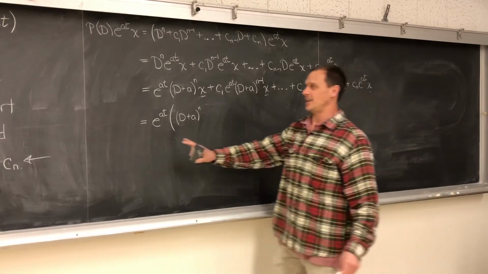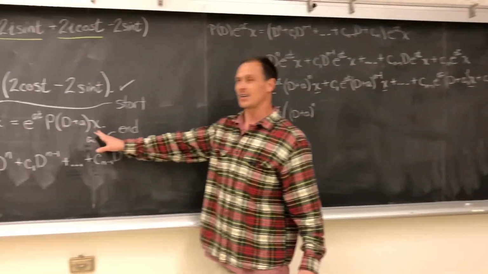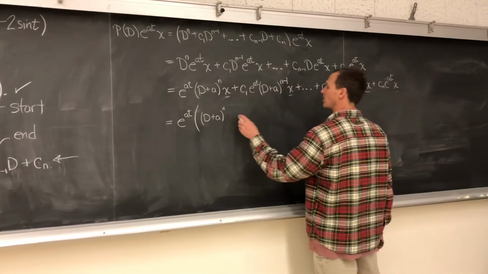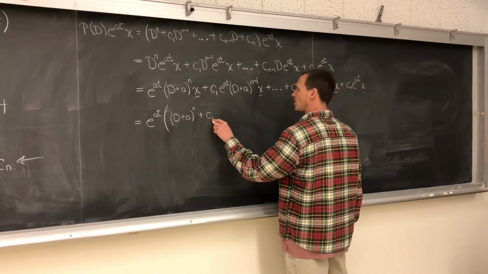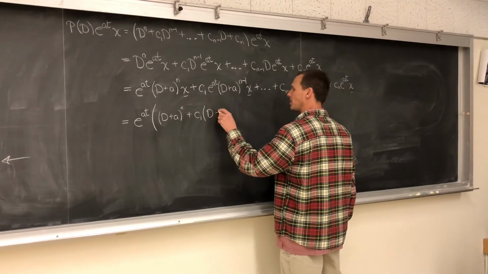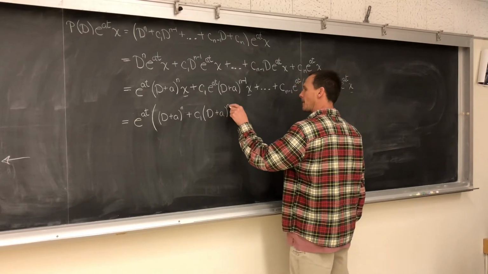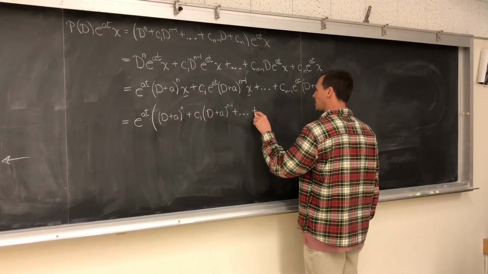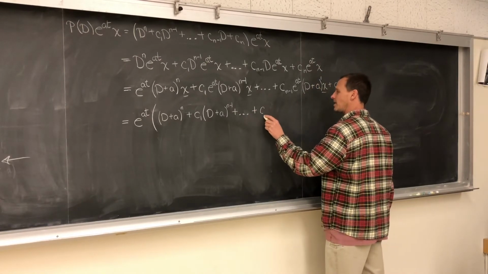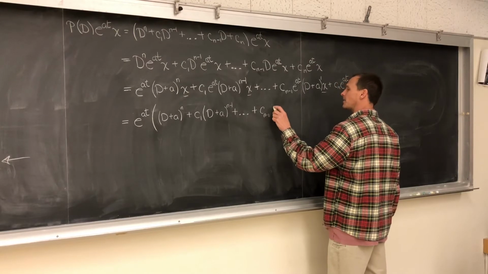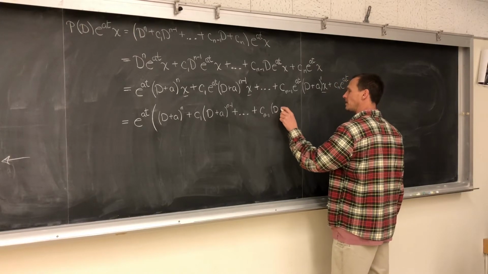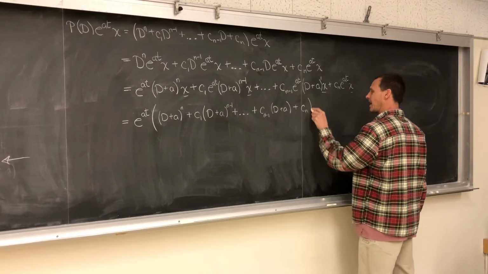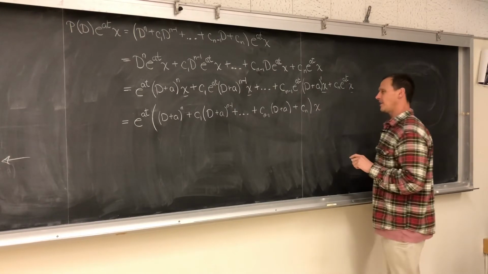We're trying to end here, and it looks like we're getting close. So my next term is plus c1, d plus a to the n minus 1, plus, and you keep applying this until you come all the way down to c sub n minus 1 times d plus a plus c sub n, and then the x goes on the right-hand side.